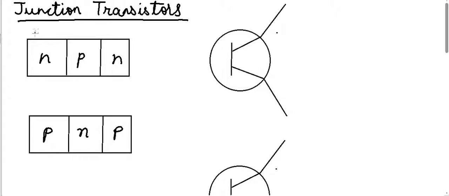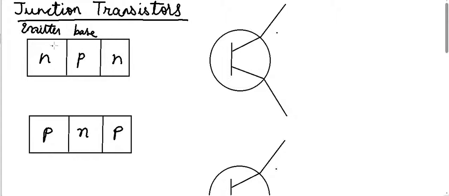The middle zone, which is sandwiched between these two, is called the base. One of the outer regions, which is heavily doped, is called the emitter.